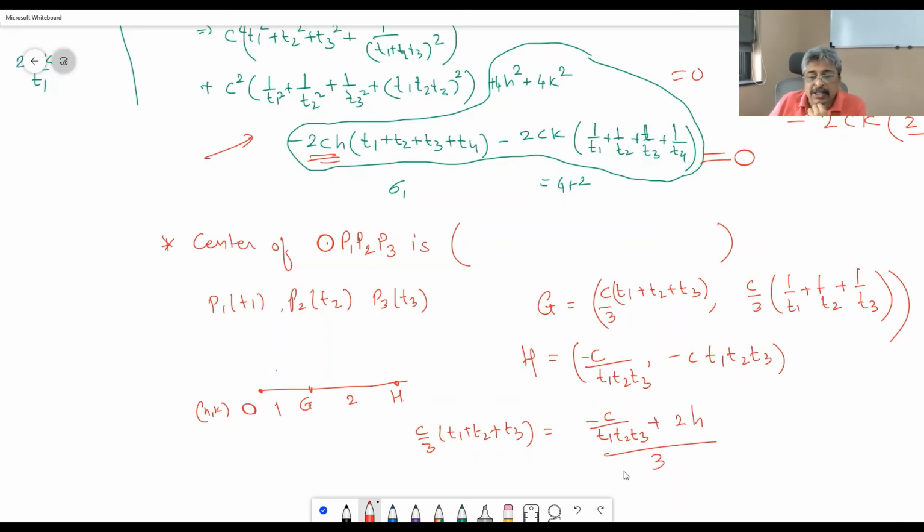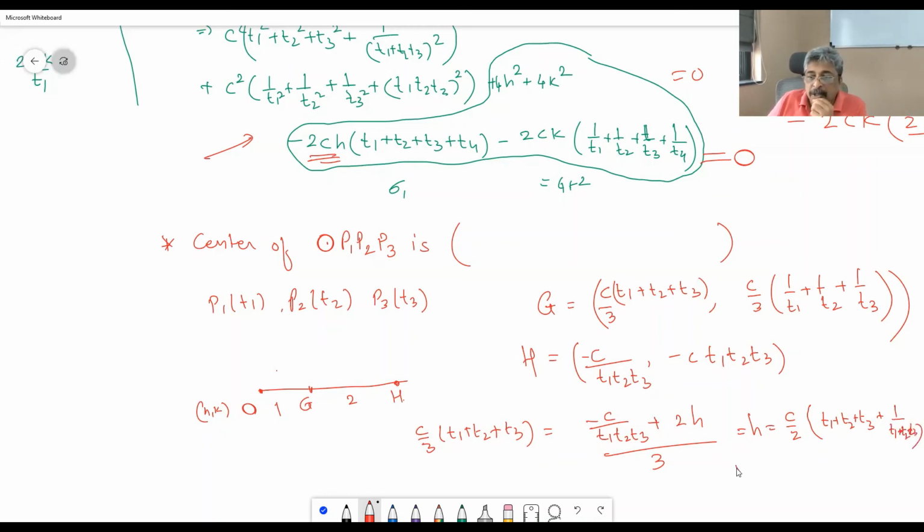Correct? So 3 cancels out, and therefore h is equal to c by 2 inside bracket T1 plus T2 plus T3 plus... बरोबर है ना, c/2 कॉमन काढला, so 1 upon T1 T2 T3.